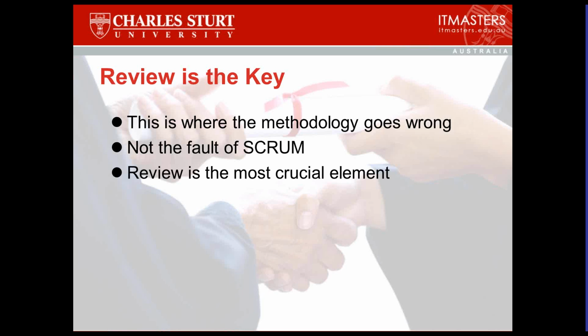Now, why and how can the review be the most crucial element? Surely there are other things that are more important, like deciding what you're going to do and managing risks and change, etc. Well, the review management concept inside Scrum is much the same and does a lot of the same tasks that scope management would do, because you're reviewing to say, well, this is what we thought we were going to do in this sprint, but our last sprint has yielded some certain results, and now we get to rethink exactly what we're going to do in the next sprint.